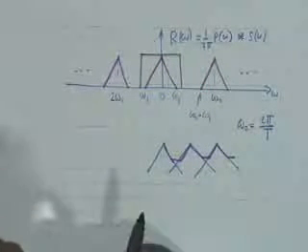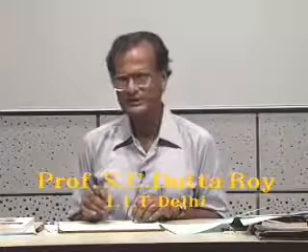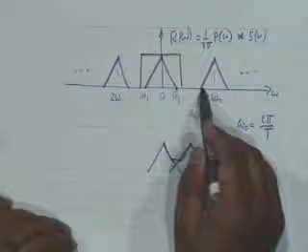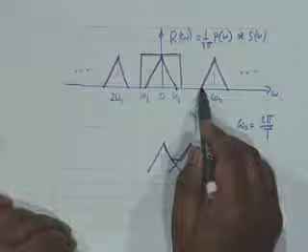In a sense, what we have discussed now through this modulation is the so called sampling theorem. The sampling theorem says that if you sample a continuous time signal, then all information of the signal is contained in the sample signal, provided the end of this spectrum does not overlap with the next spectrum.